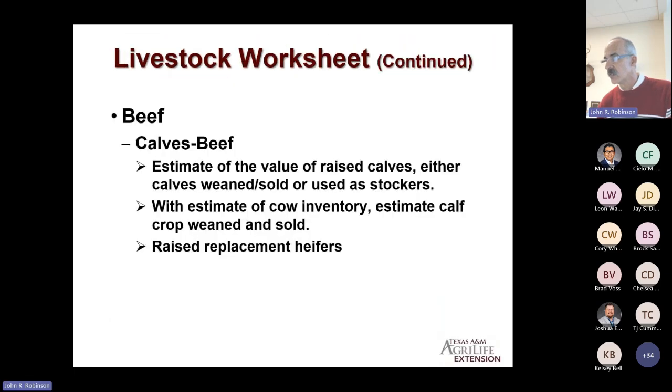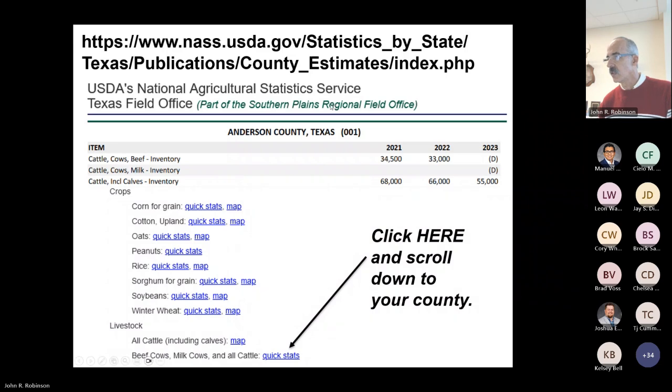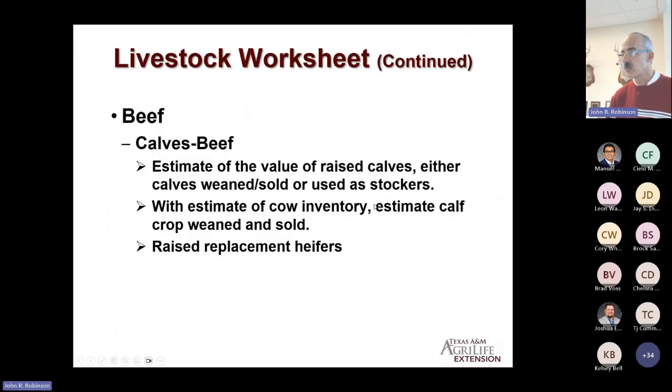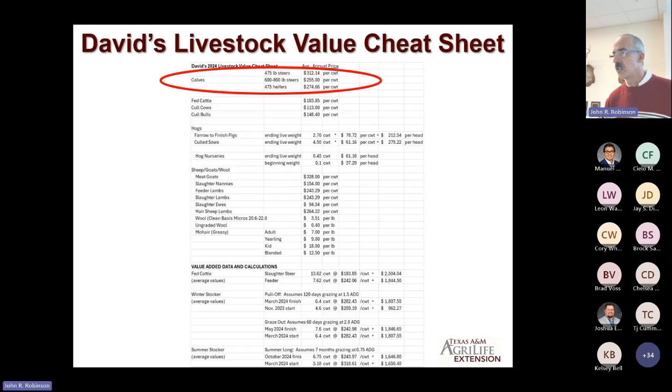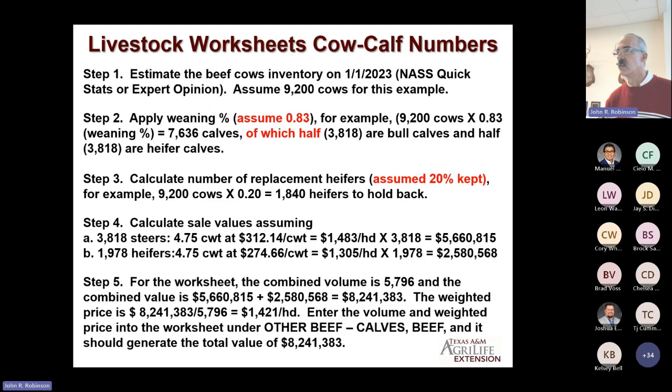If you have the inventory of cows, then what you need is some guesstimate of weaning rates, and then you can take David's price data and do an exercise like I'm about to show you here.